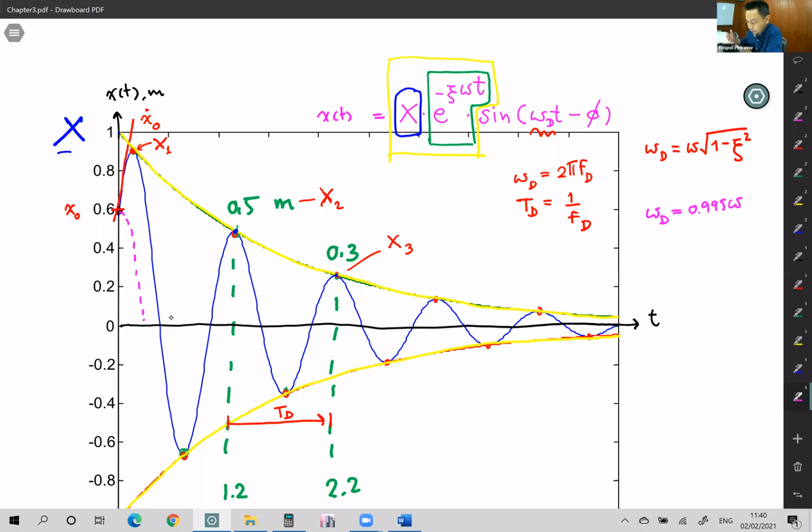You see from the experiment that the real building damping ratio is most of the time 3%, 4%, 5% at most. But I used 10%, and I found that even though it's 10%, omega d is almost the same as omega. The difference between omega d and omega is only 0.5%, less than 1%.